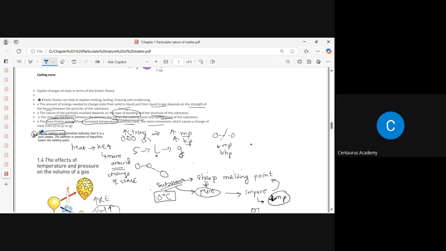Sometimes you are asked that a substance is given to you and you have to tell whether this substance is going to be a pure substance or an impure substance. So the purity or impurity of any substance can be determined by the melting point or boiling point of that substance.